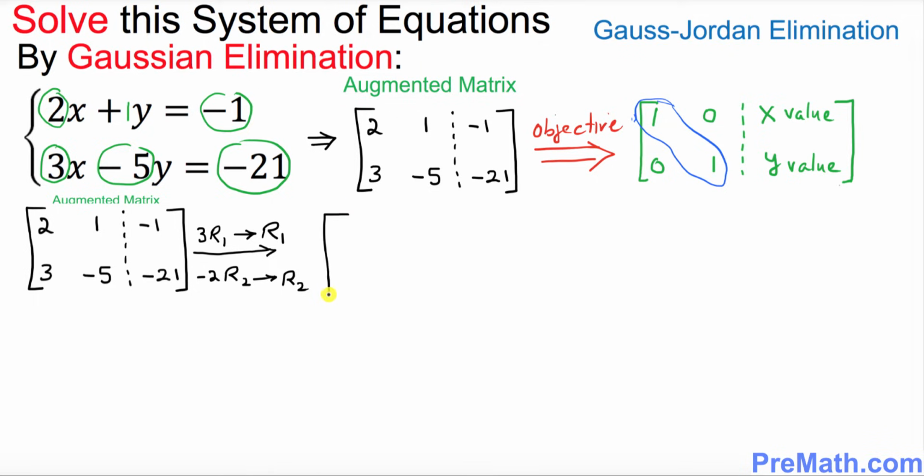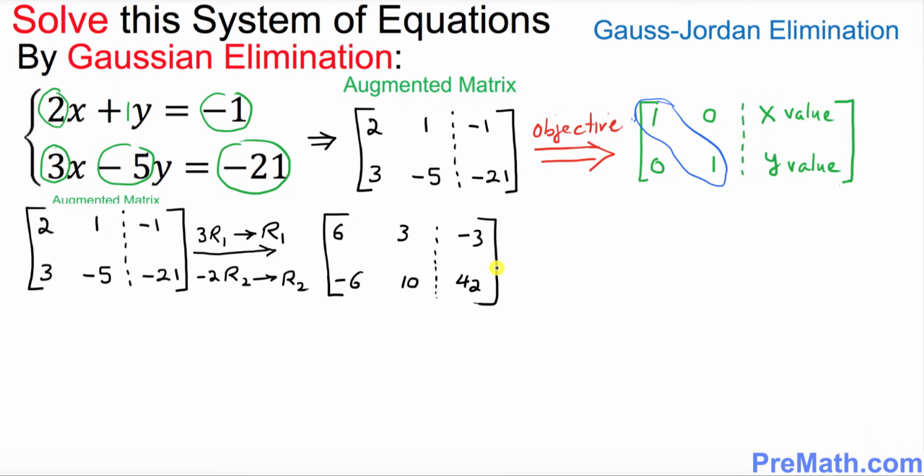So the matrix is going to look like 6, 3, -3, and over here is going to look like -6, 10, and 4. So far so good.